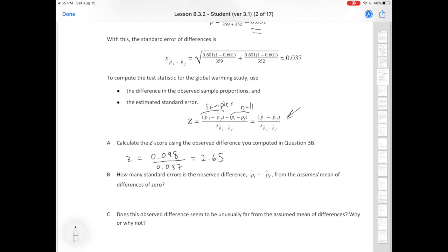Okay, part B. How many standard errors is the observed difference from the assumed mean of differences of 0?